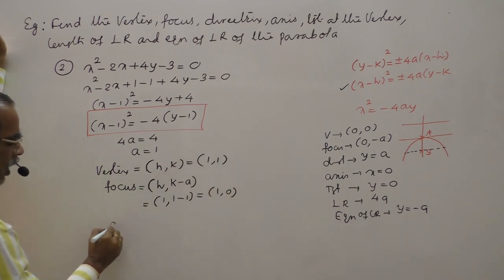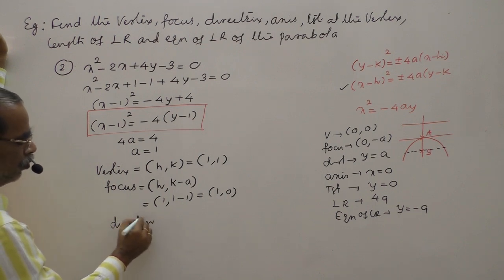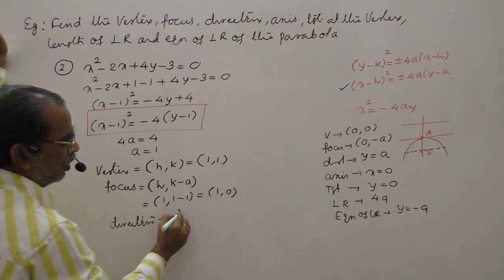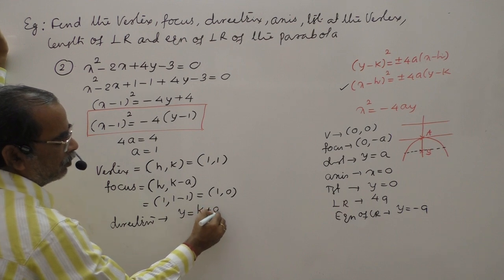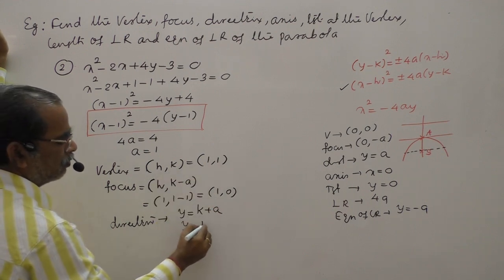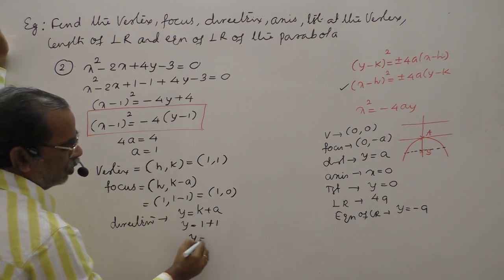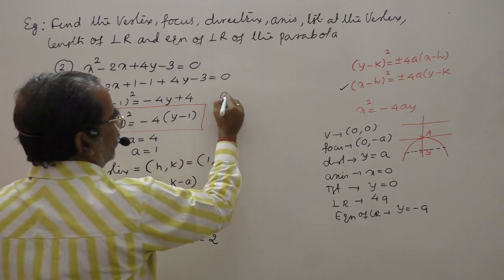Next, what we will have? Directrix. What is directrix for this? Y is equal to k. Y related terms, they increase by k. So y is equal to, what is k? K is 1. What is a? A is also 1. Therefore directrix is y equal to 2. Next, axis.